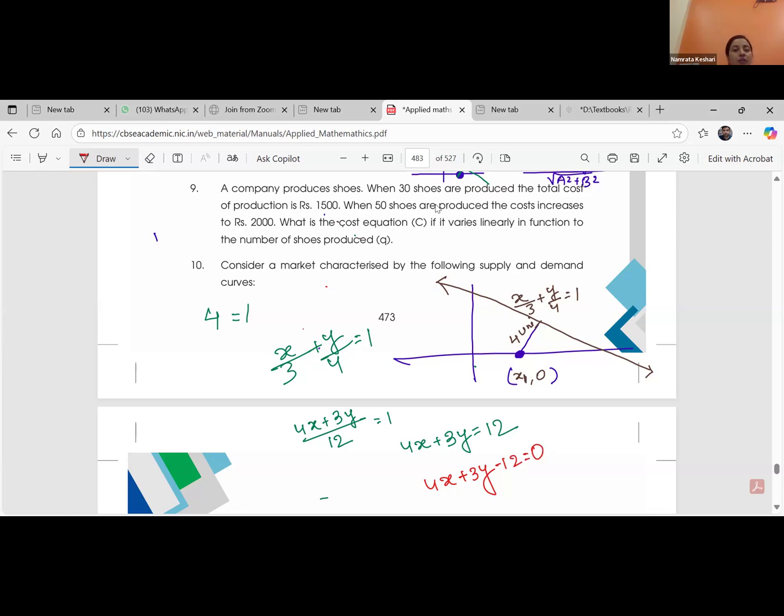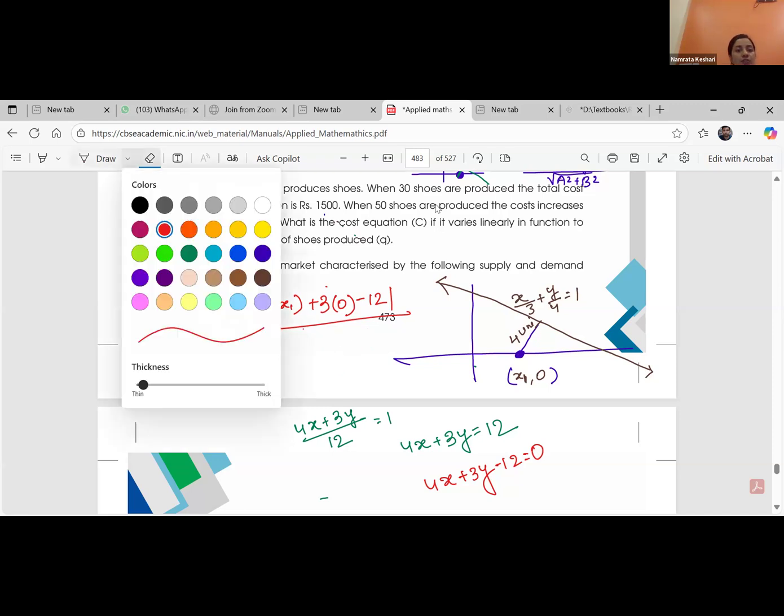That's fine. Now we'll be using this data in the formula. What was the formula? Ax1 plus by1 plus c, divided by the square root of a squared plus b squared. So our a is 4, x1 is what we are trying to find, b is 3, but y1 is 0, plus c, that is minus 12. You can write the equation separately and do the simplification.